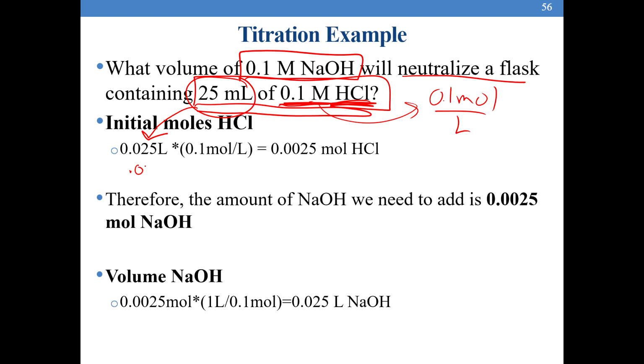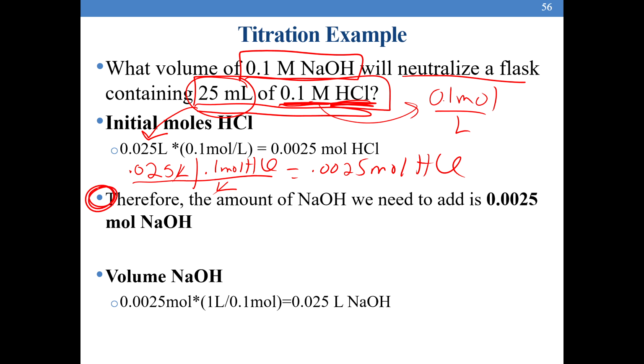So this is all with the acid. If you want to see it where the liters is on the bottom and liters cancels, this is 0.1 moles HCl, okay? And that gives you the 0.0025 moles of HCl. The jump that I get to make in this bullet here is simply because this is a titration reaction where we are neutralizing acid with base, okay?